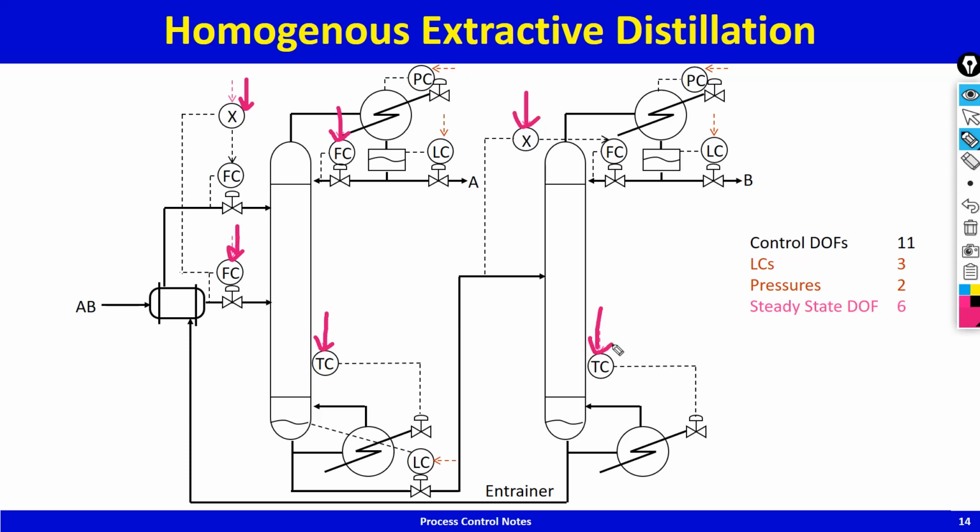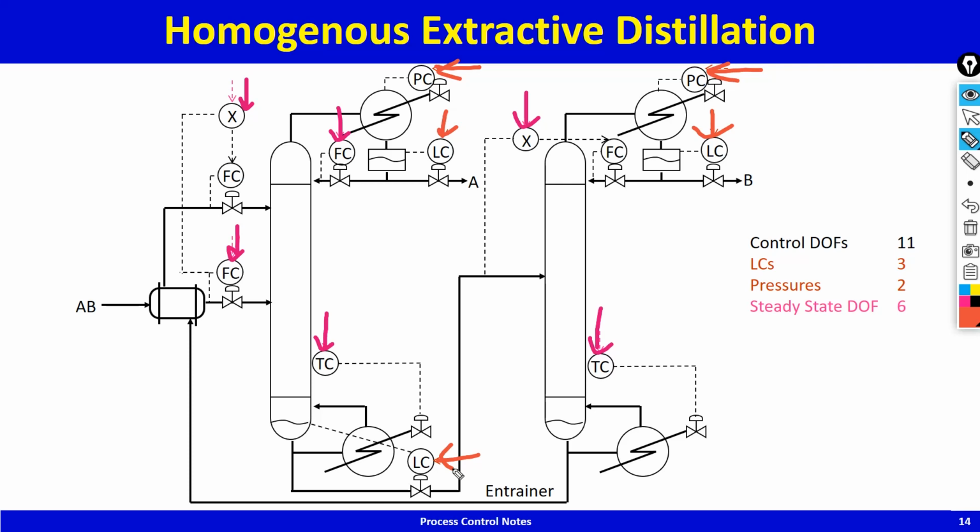These are the 6 steady state degrees of freedom. The other 5 correspond to surge levels that have no steady state effect, or set points that I am not free to change.